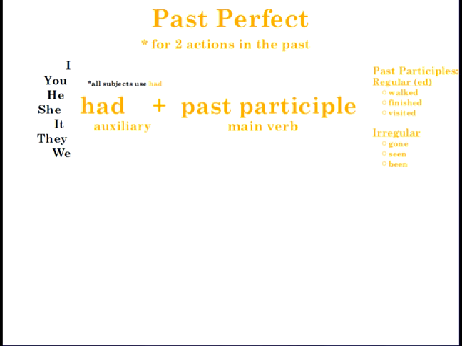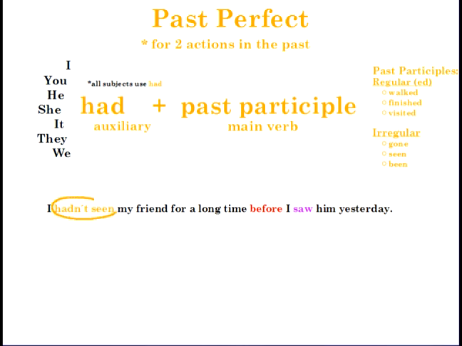So let's take a look at an example. For example, I hadn't seen my friend for a long time before I saw him yesterday. So, if I look at this sentence and I look at the past perfect here, I hadn't seen my friend for a long time before I saw him yesterday.